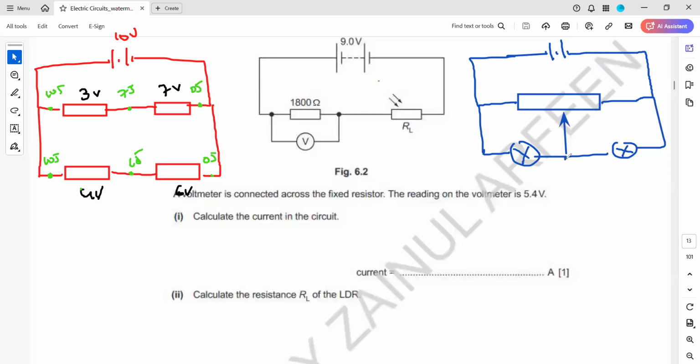Because in that part it is connected. So if it's a 10 volt supply and we have 3 volts here and 7 volts here, because this part of the circuit is connected, the same 3 volts will be here, the same 7 volts will be here. Because there's a connection between the branches as well.